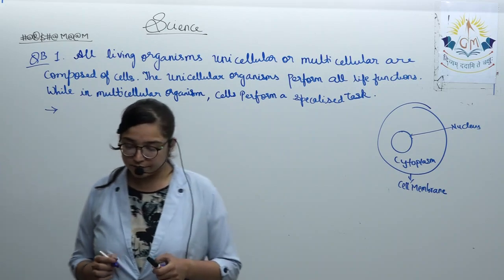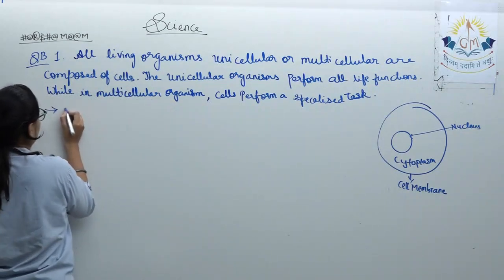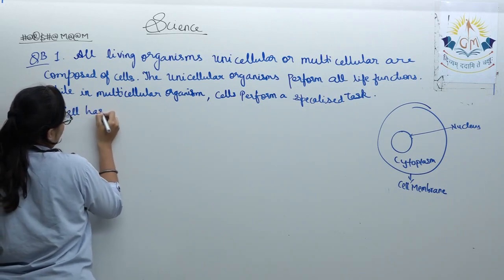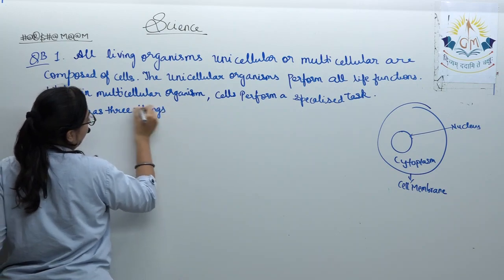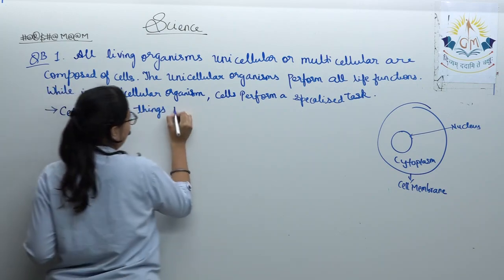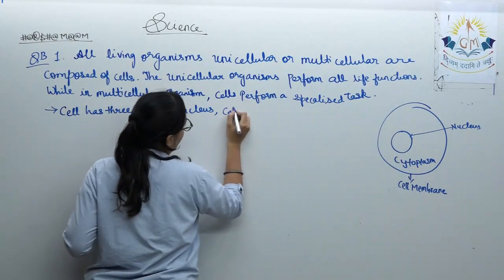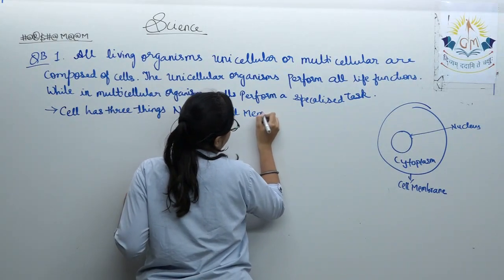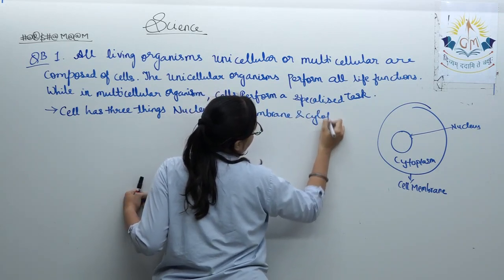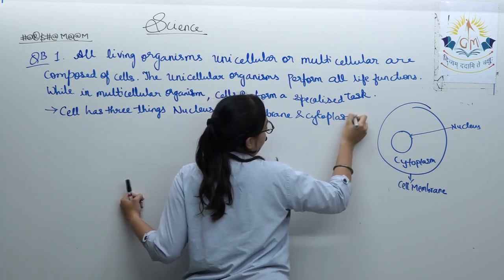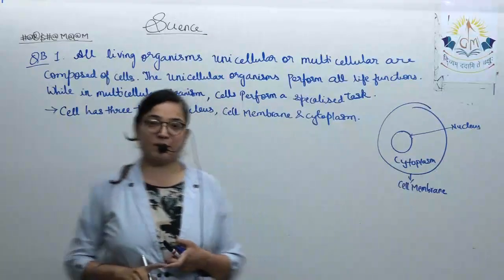The cell contains three things: nucleus, cell membrane, and cytoplasm. These are the main things which are present in the cell.